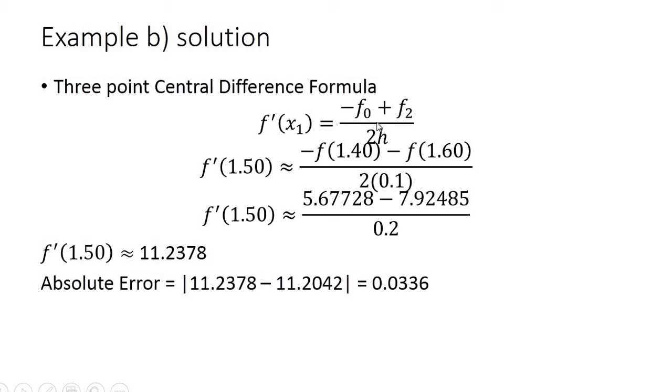The 3-point central formula is given by this. Remember, f of 0 is the value before, which is computed at 1.4, and then f of 2 is at 1.6. Take note, our h is 0.1. So if I subtract 0.1, I get 1.4. If I add 0.1 here, I get 1.6, and then substitute their values there for these two functions.